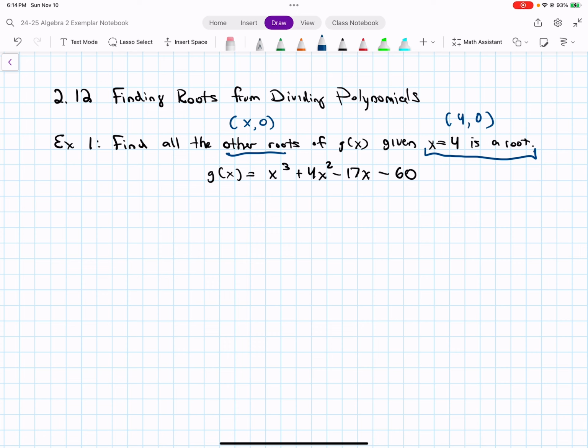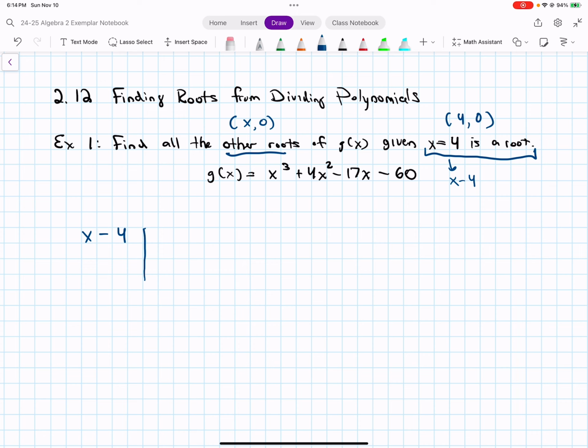All right, and so we have to divide, and we can use synthetic or long division, but because the last lesson was on synthetic division, two lessons ago, we're now going to use long division just to recap understanding. And so x equals 4, that's going to be x minus 4 as our divisor.